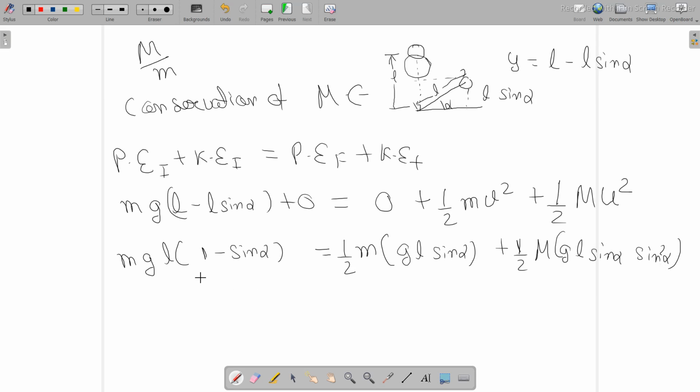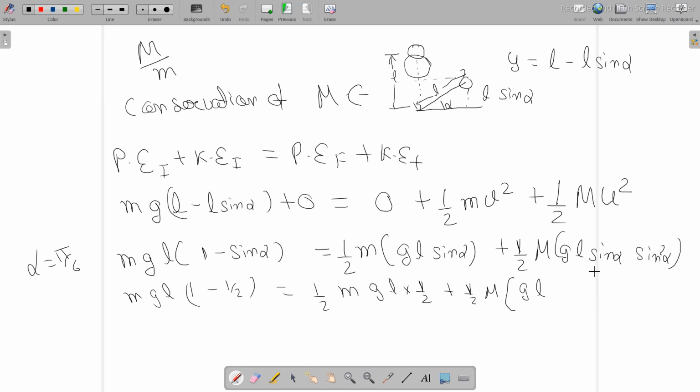Now we have to calculate at specific angle alpha is equal to pi by 6, or 30 degrees. Therefore, m g l (1 minus 1 by 2), and this will be 1 by 2 m g l into 1 by 2 plus 1 by 2 M g l into 1 by 2, or this is 1 by 4, this is 1 by 8.